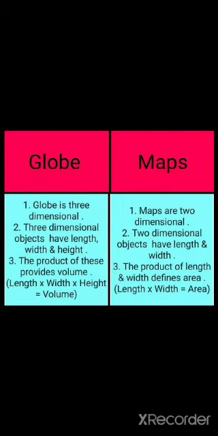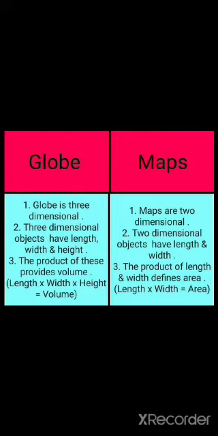Now we are going to learn the difference between globes and maps. A globe is three-dimensional, whereas maps are two-dimensional. As you know, children, in maths you have also learned that two-dimensional objects have length and width, and three-dimensional objects have length, width and height.